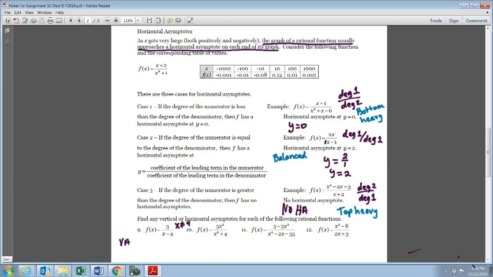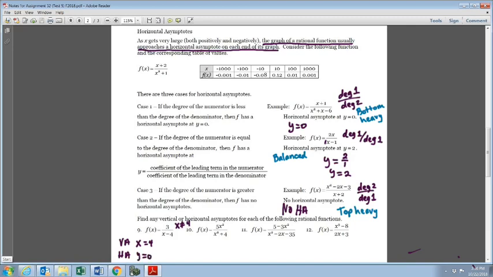Oh, I'm sorry, I need to do the vertical asymptote first, and that's at my restricted value, which is 4 here. X can't be 4. So at x equals 4, we have a vertical asymptote. And then, like I said before, this one is the bottom heavy case, just like the first example. And so y equals 0 is going to be your horizontal asymptote.